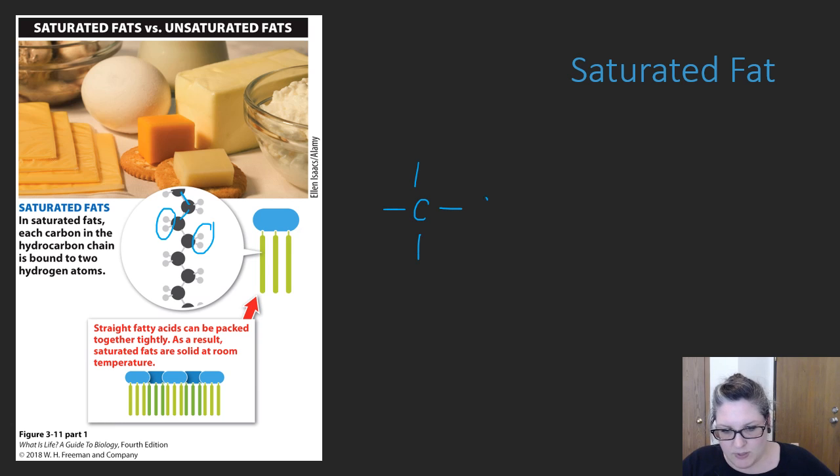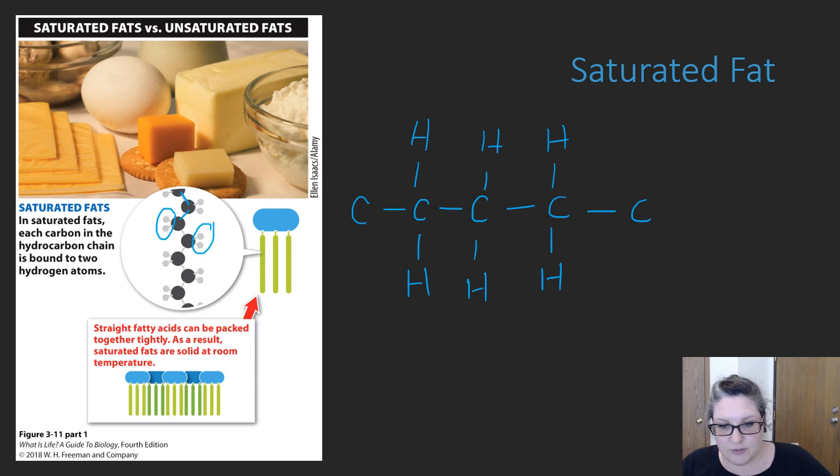And if it has a carbon on either side, then it can hold up to 2 hydrogens. We'll see why this isn't true for unsaturated in a minute. But if we have these carbon chains, and all of those carbons have 2 hydrogens, then we call it saturated. A saturated solution is something that has as much as it can hold.